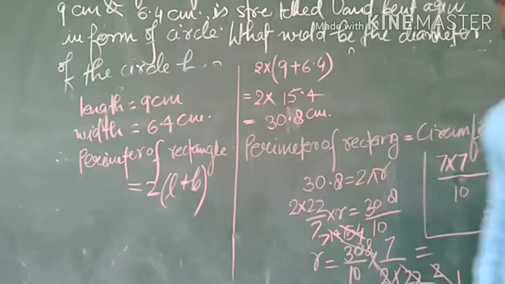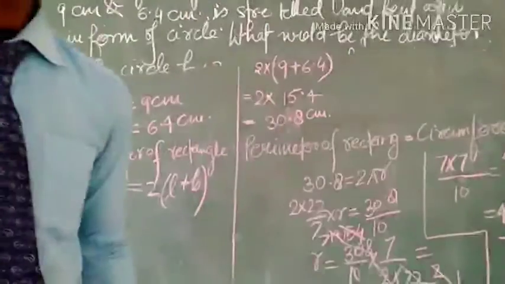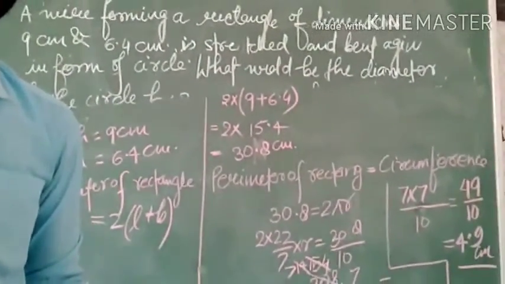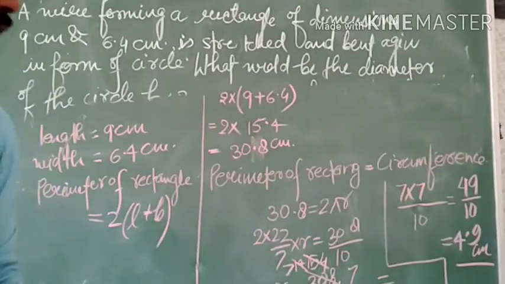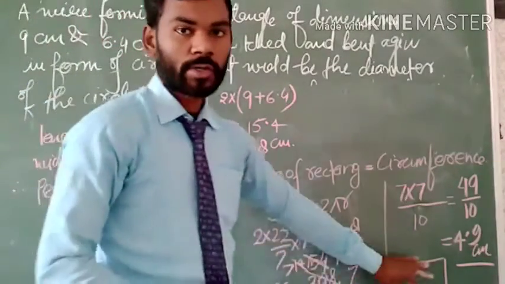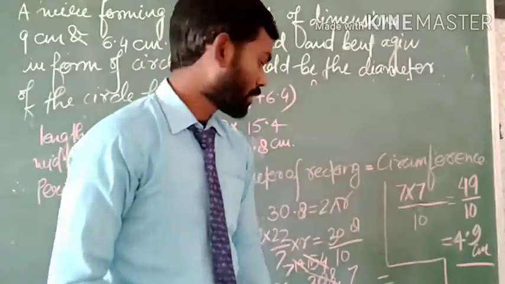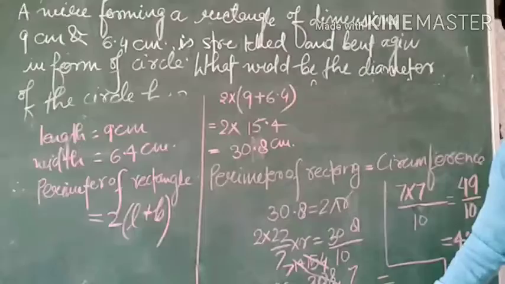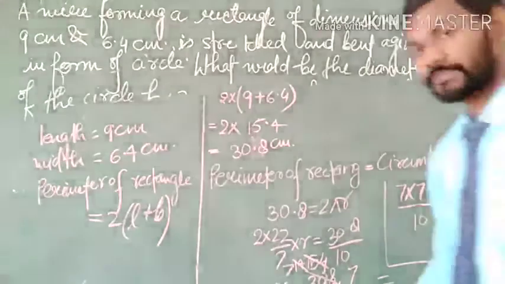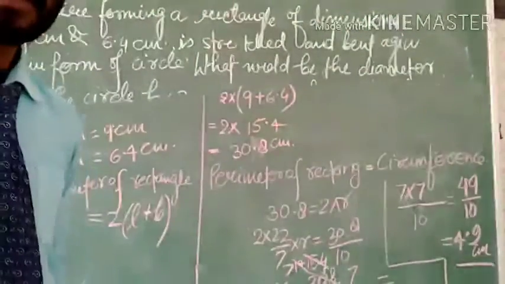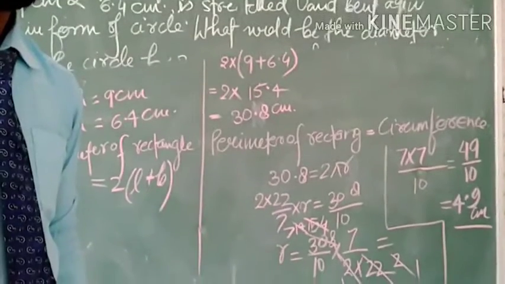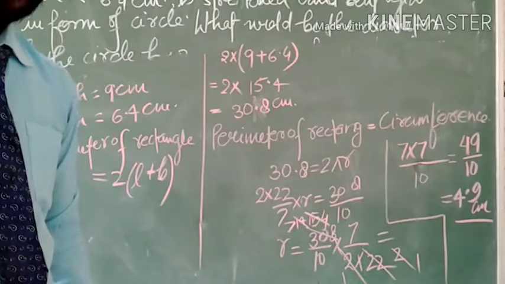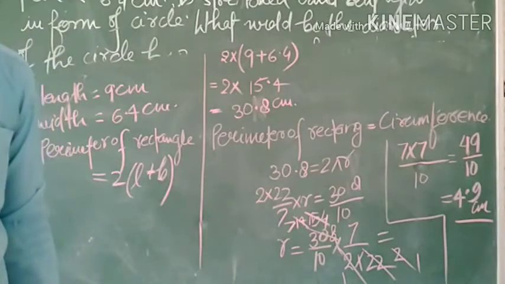Okay, this will be equal to 4.9 centimeter. Now you can see it clearly. I have put it here. You can just see from here when we solve this. I think now you can see everything clearly.